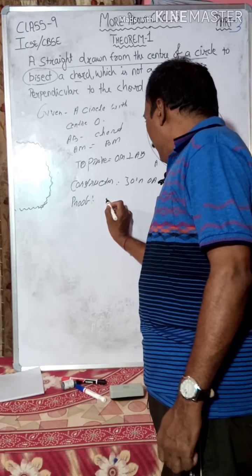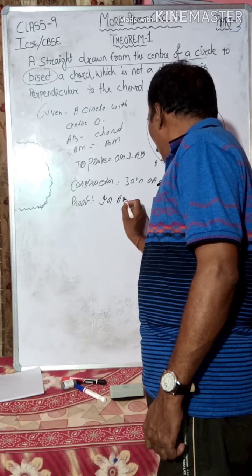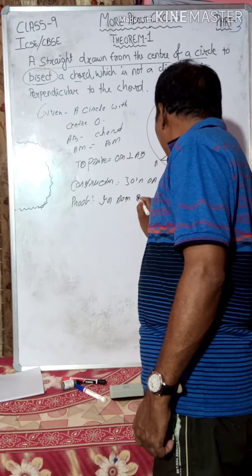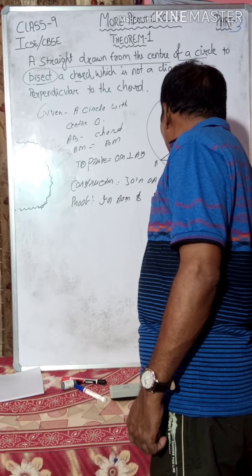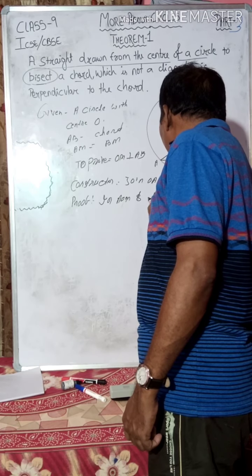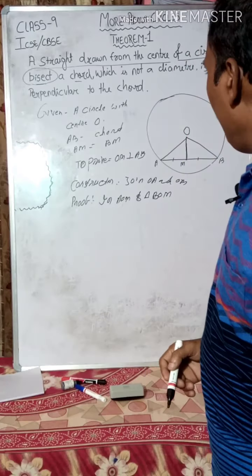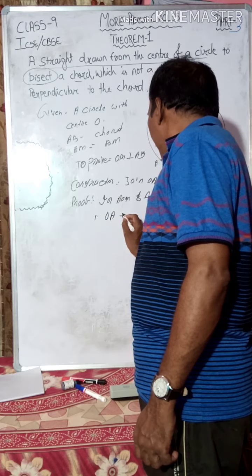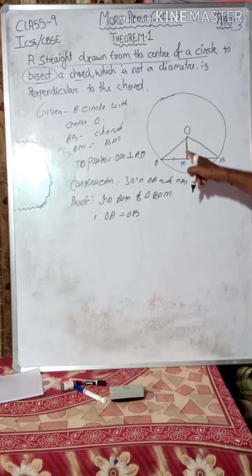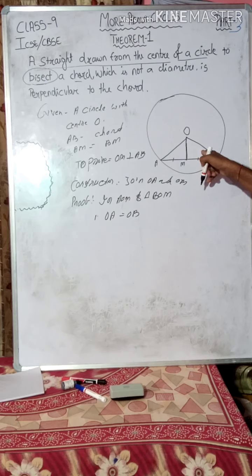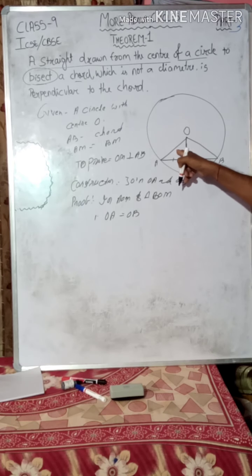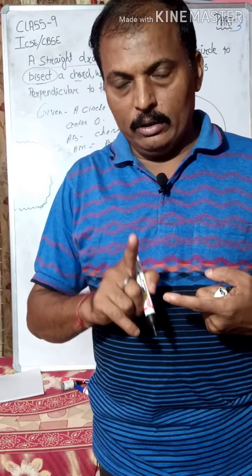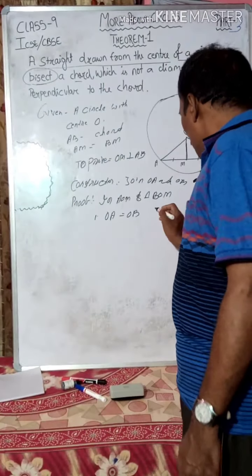Now in triangles AOM and BOM, number 1, OA is equal to OB. Why? Because they are radii of the same circle.